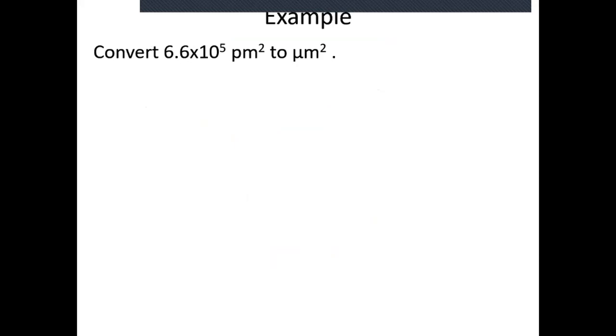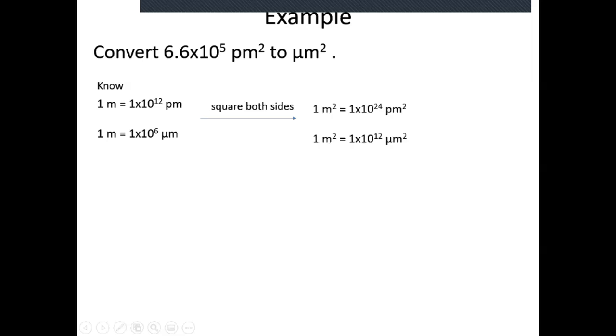to micrometer squared. But from that chart, we know that 1 meter is 10 to the 12 picometers and 1 meter is 10 to the 6 micrometers. And so what you have to do is square both sides to get the squared conversion factors. What you have to remember here is to square the actual exponent. So when you want to square 10 to the 12th, you just take 12 and multiply it by 2.